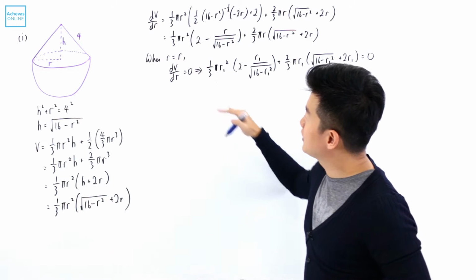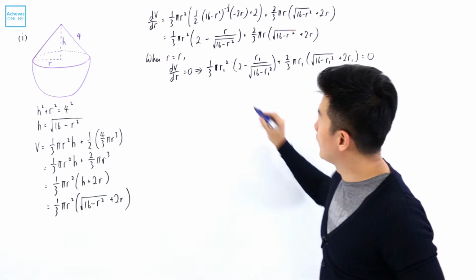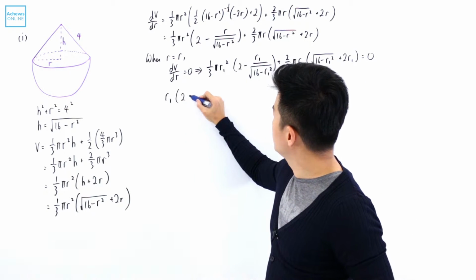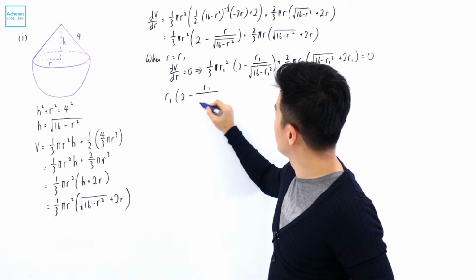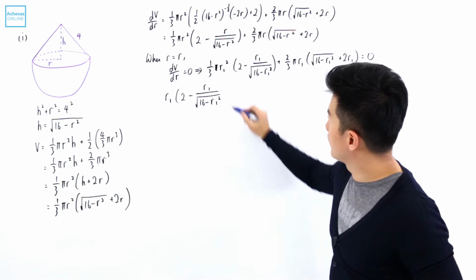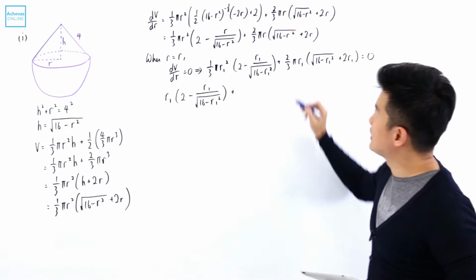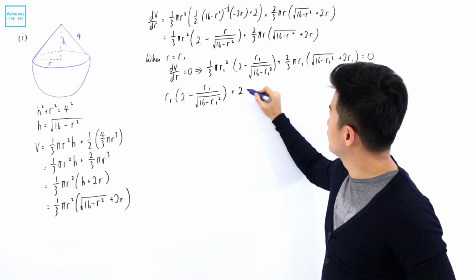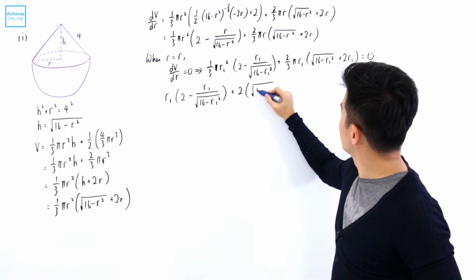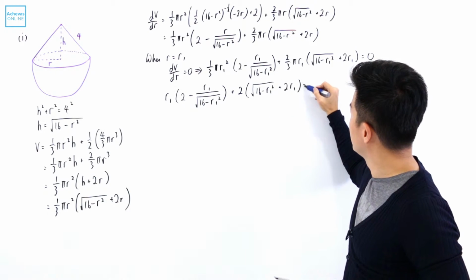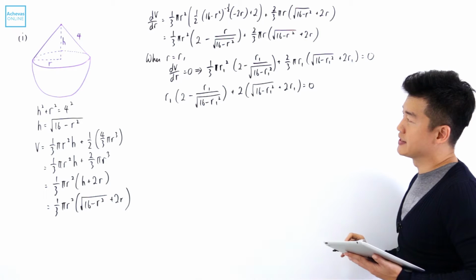So this divided by 1 over 3πr1 will leave me with r1 times (2 minus r1 over the square root of 16 minus r1²), plus this divided by 1 over 3πr1 is going to be 2 times the square root of 16 minus r1², plus 2r1. This is equal to 0.